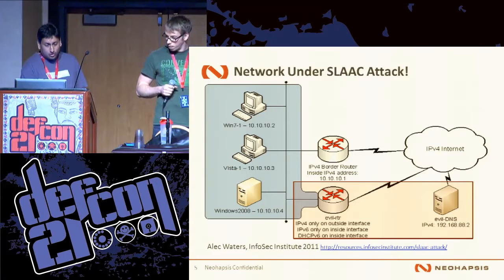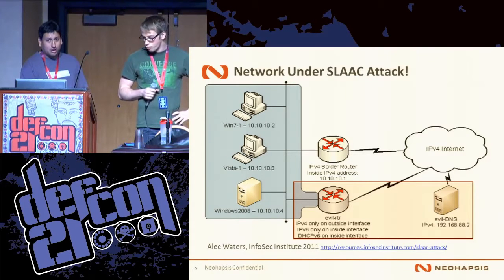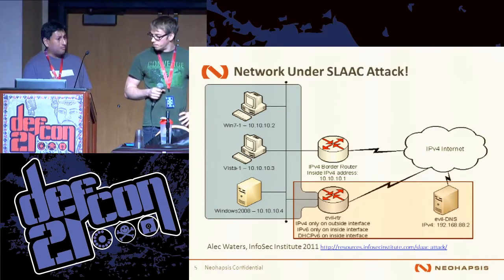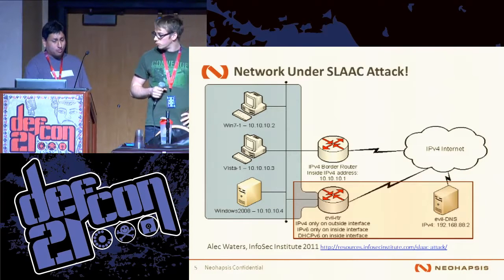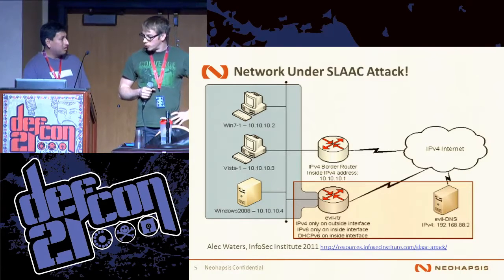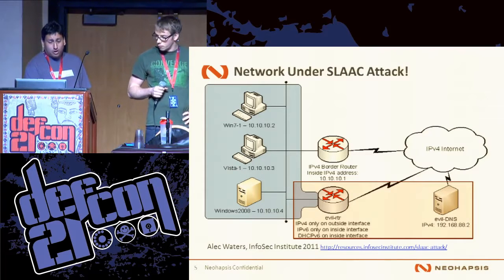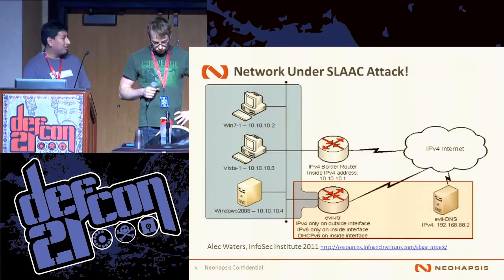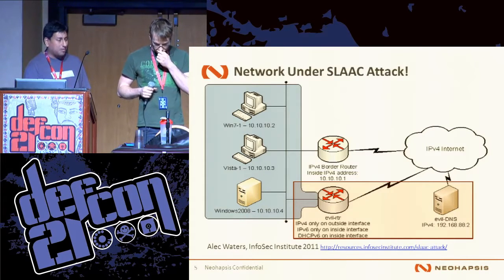Although there's two nodes on here, the evil router and the evil DNS are intercepting traffic. They're running an IP version 6 network, which is the node in the blue. Then it's passing it through their packages and their DNS, again their own host, and then resending that out over the IP version 4 network.